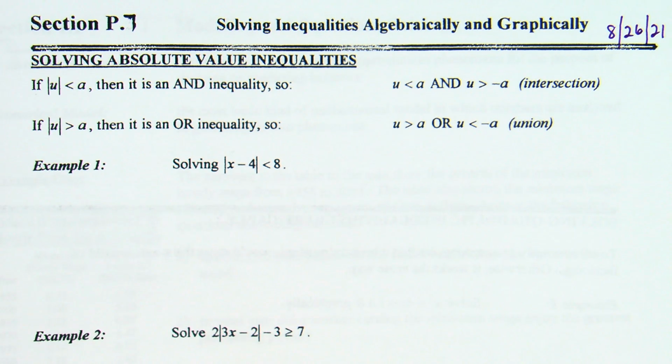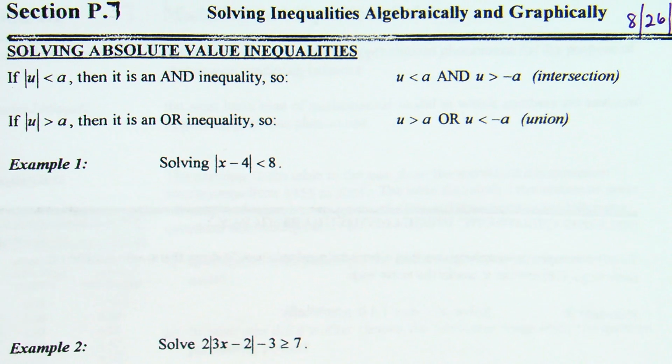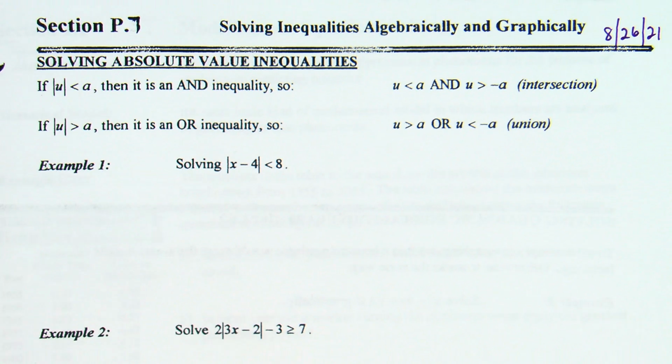In the meantime though, solving absolute value inequalities. If the absolute value of something is less than A, then it is an AND inequality. If the absolute value of something is greater than A, then it is an OR inequality. If you had me for Algebra 2, if it's a greater than sign, we make it an OR statement.